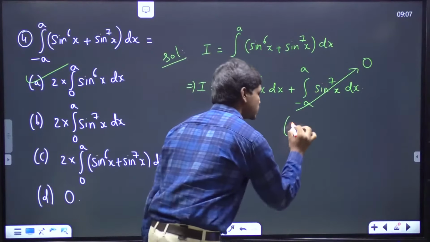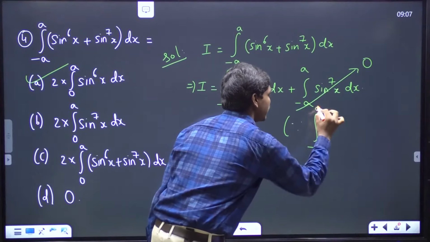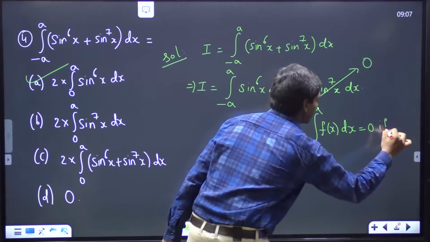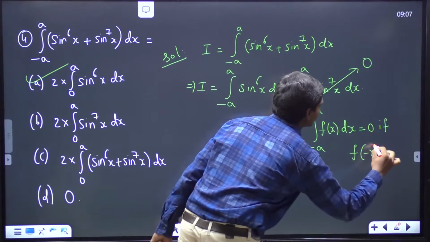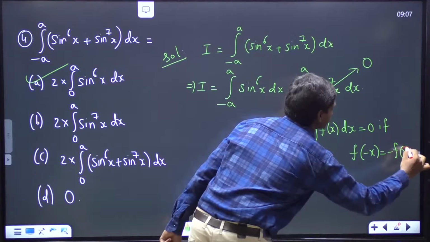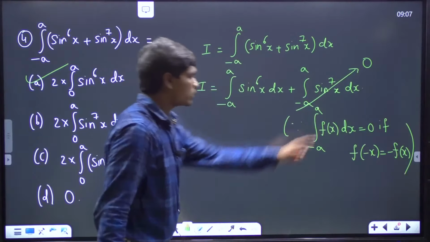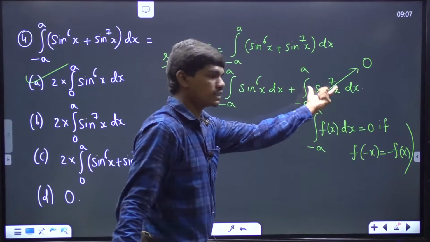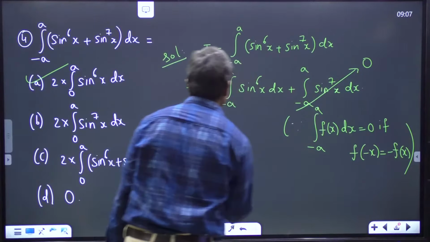Because integral minus A to A f of x dx is equal to 0 if f of minus x is equal to minus f of x. Because of this reason that I mentioned in the properties of definite integrals, this integral is equal to 0. And I mentioned one more result. What is that?